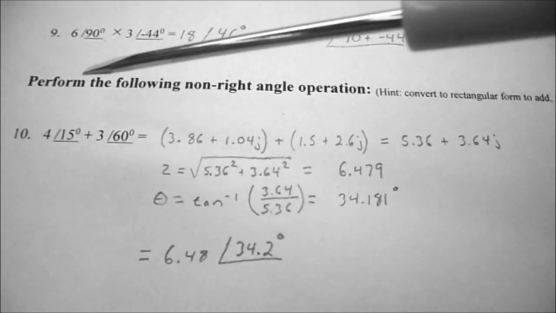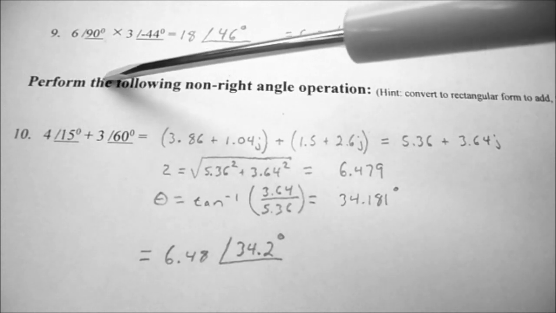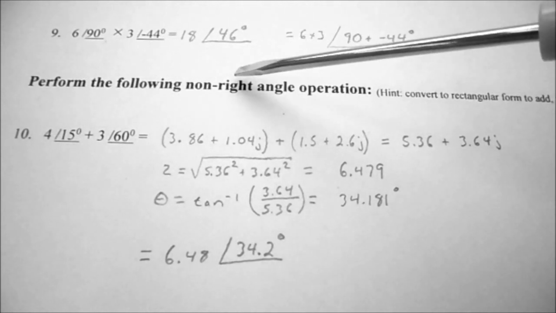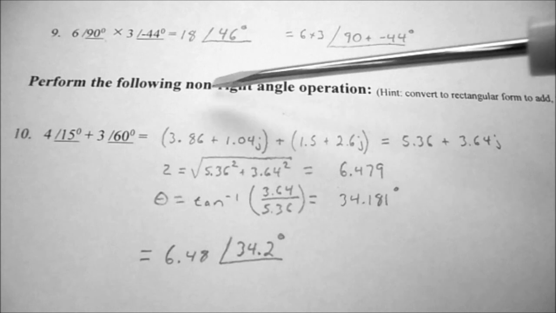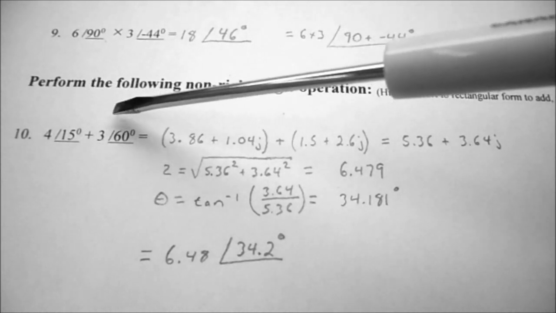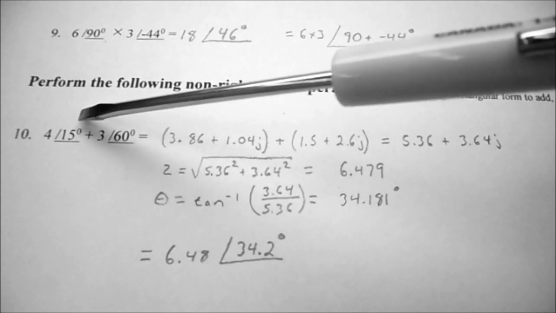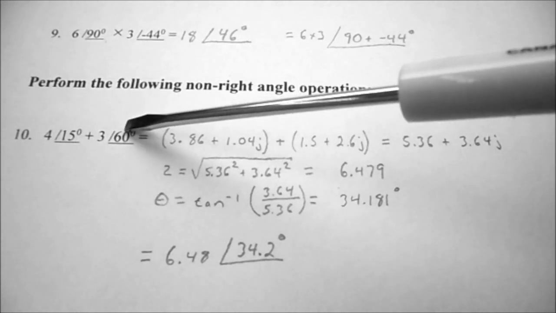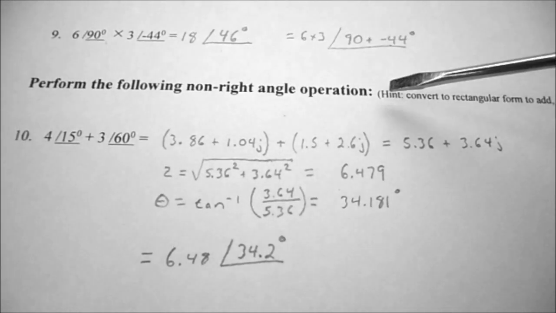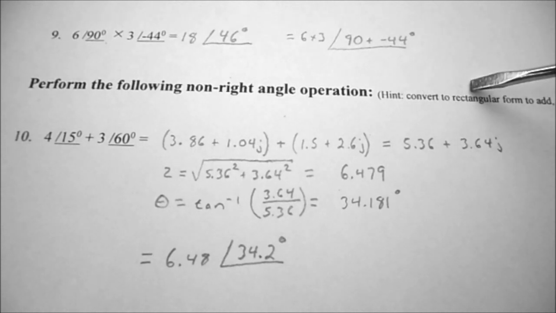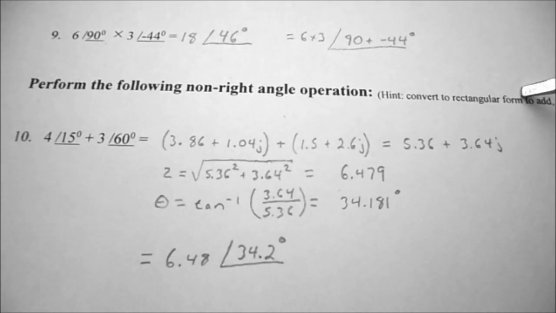So under procedure, step number 10, we're going to perform the following non-right angle operation. So we're going to add two phasors together. So it's 4 at an angle of 15 degrees plus 3 at an angle of 60 degrees. And the hint is to convert it to rectangular form to perform the add.